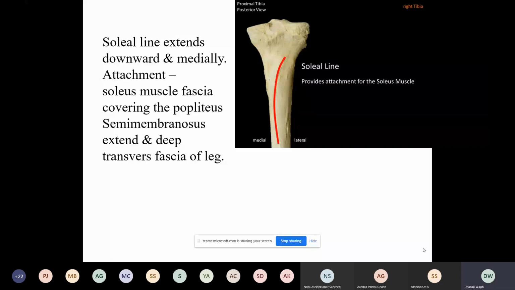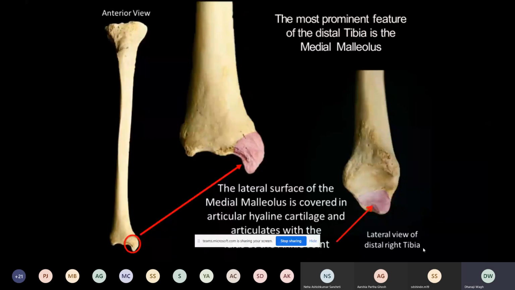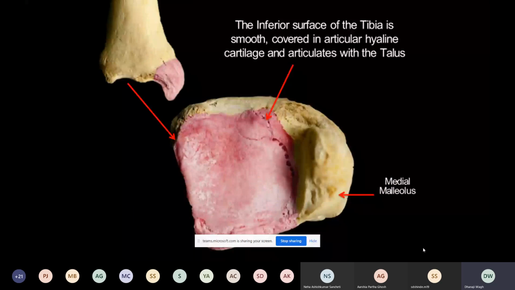At the lower end, we can see the most prominent feature of the tibia, the medial malleolus. The inferior surface of the tibia is smooth, covered in articular hyaline cartilage, and articulates with the talus bone. This is one question.